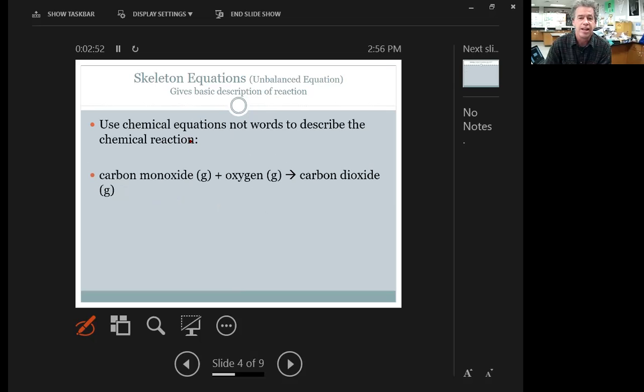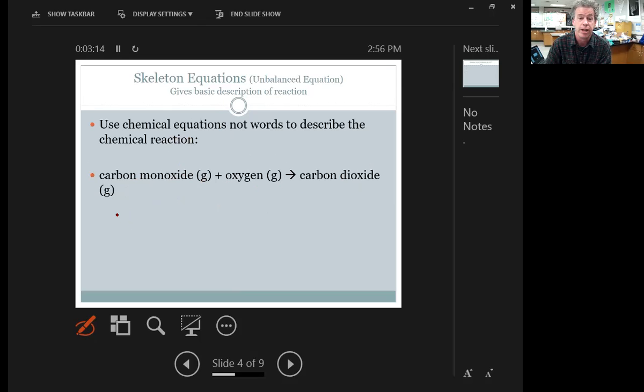Now, a skeleton equation just shows the elements, but it's not balanced. So you don't have the same number of atoms on each side, but it does show the elements that are there. So to make a skeleton equation from this word equation, you would do the same process.